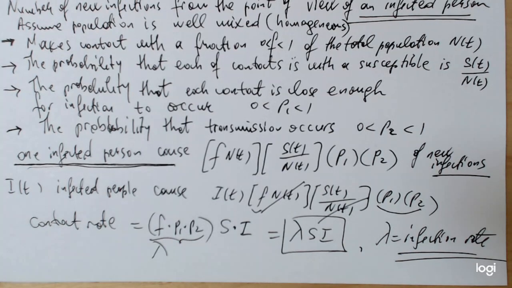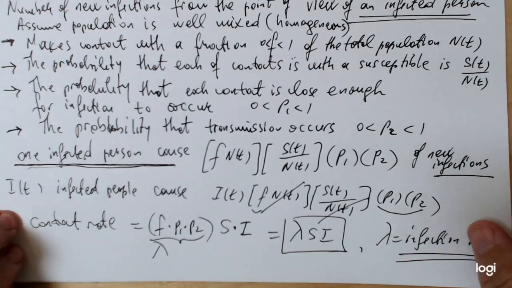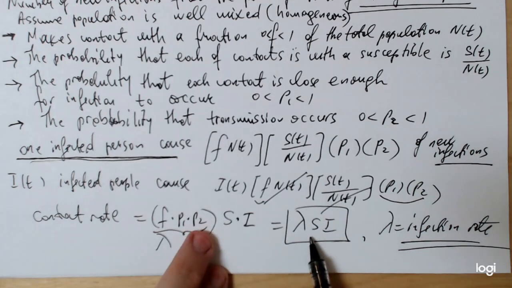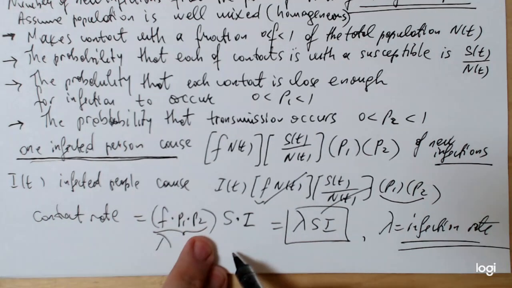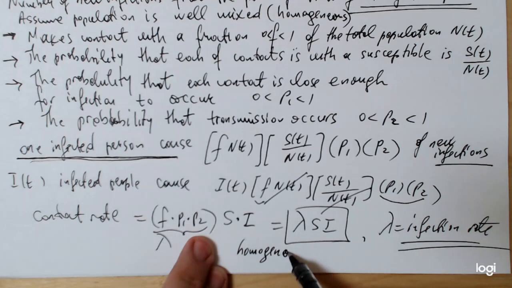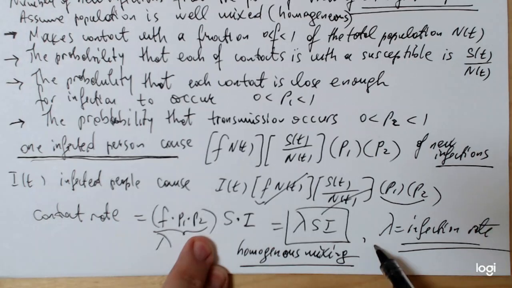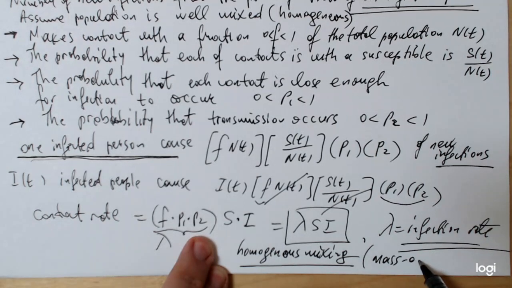In this part, I want to go over another version of the contact rate. What I basically derived here, this lambda SI, is called the homogeneous mixing contact rate, or mass action law.